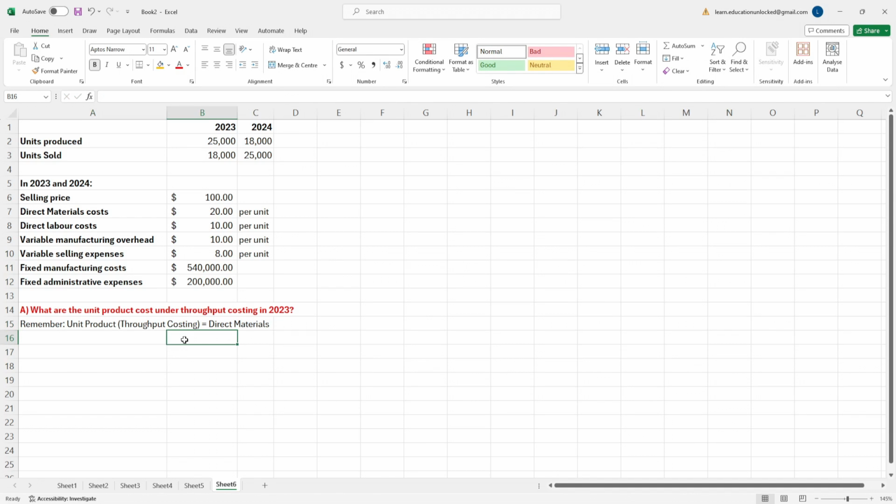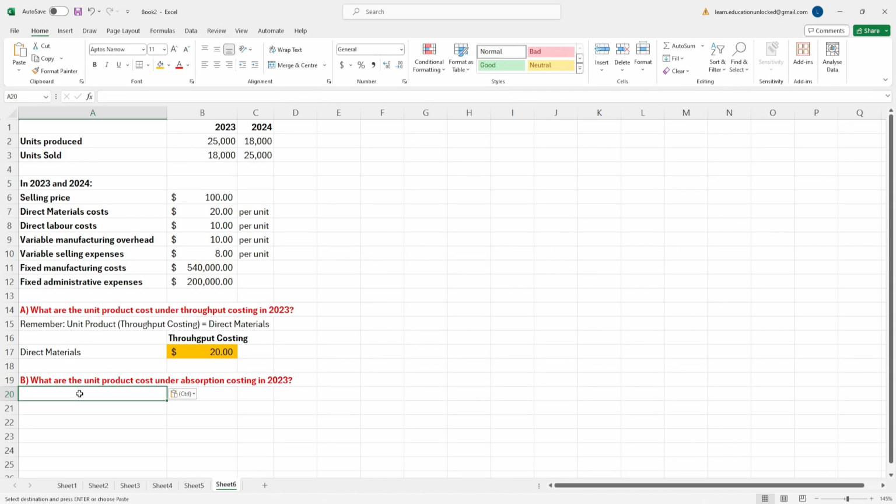I'll write throughput costing on the side here, and direct materials on the left. Looking at the cost, it's $20. So this will be our unit product cost. That is pretty simple, it's very easy.